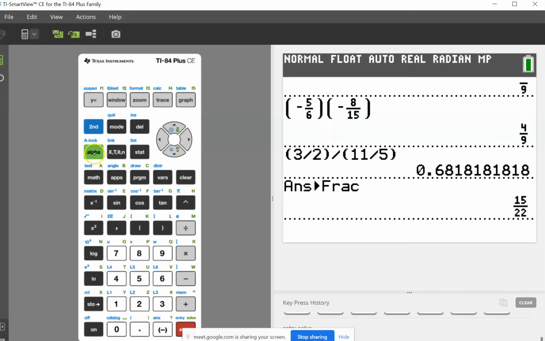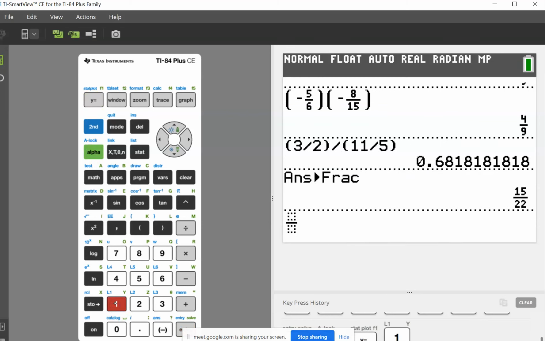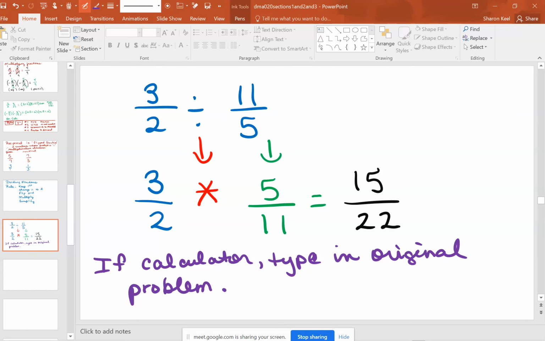Or if I used alpha y equals, I would type in my 3/2 divided by alpha y equals number 1 and type in my 11/5. So you would still type it in the original way with the division sign, and as you see, it gives us that correct answer.